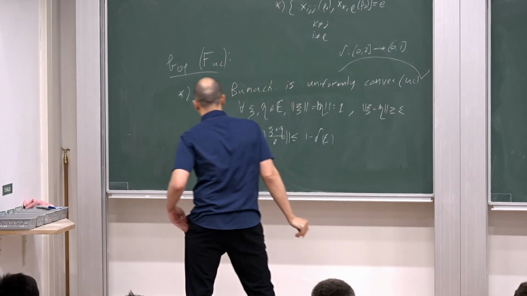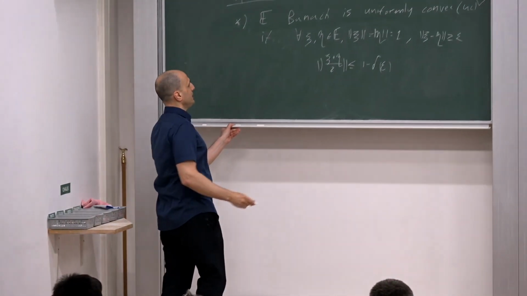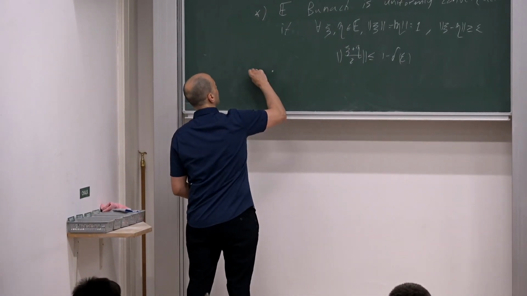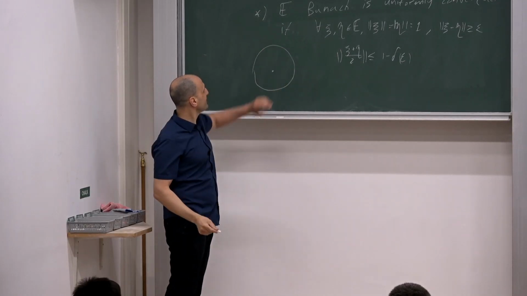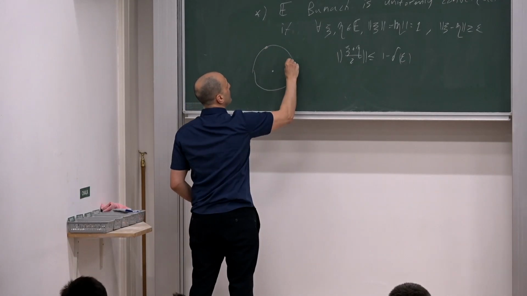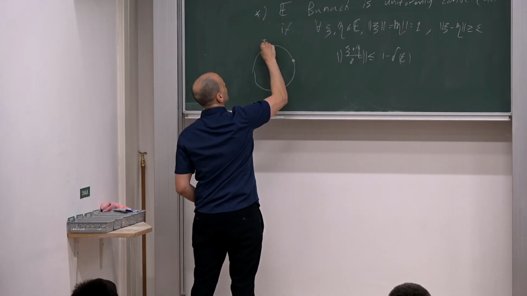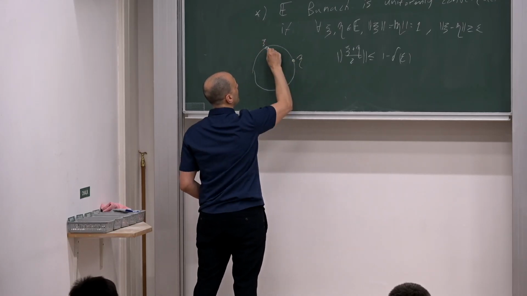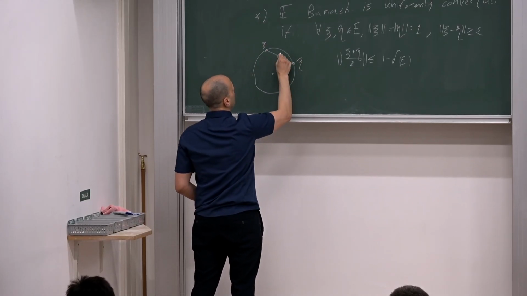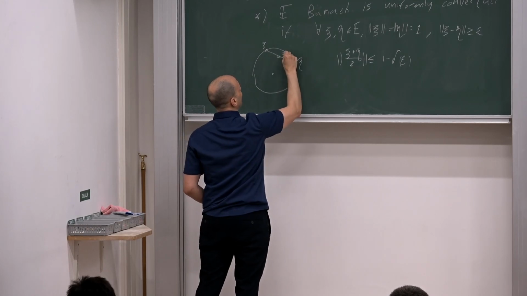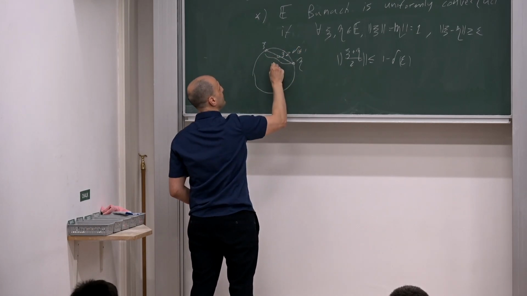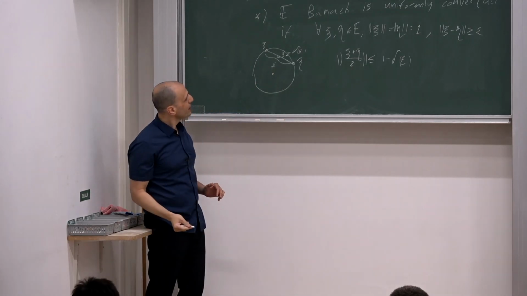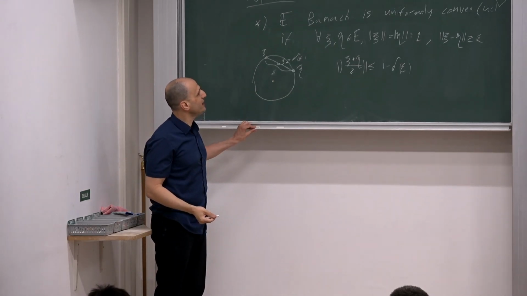And the mental picture is that your circles are round, so if you have two points that are far apart, their midpoint will sink in at least delta(epsilon), where epsilon is the distance between them. So it's a very nice property.